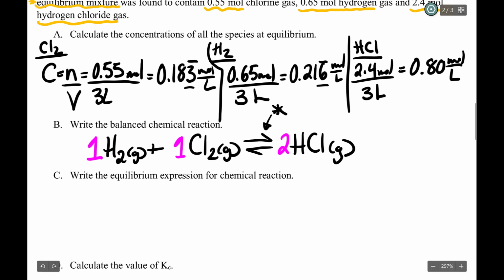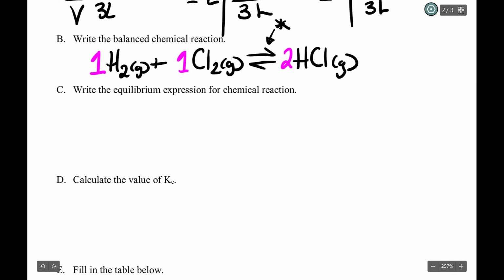The next thing I'd like you to do is, using that balanced chemical reaction, write out the equilibrium expression. Pause the video now. Now that you've had a chance to do that, let's give it a try.